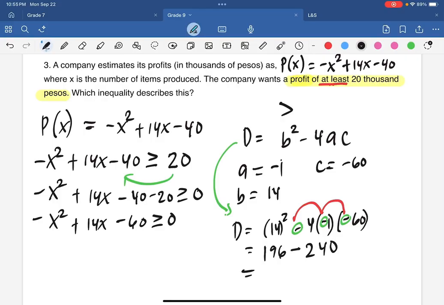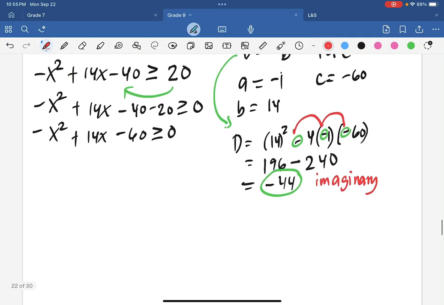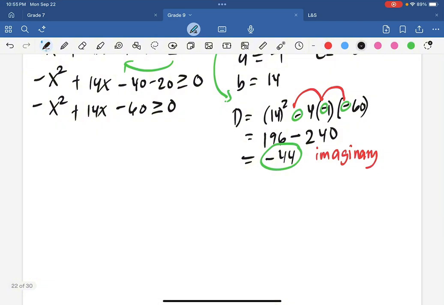And 196 minus 240 is negative 44. Since negative 44 is negative, the roots are imaginary, which means for the given problem, we could say that there is no real value of x.